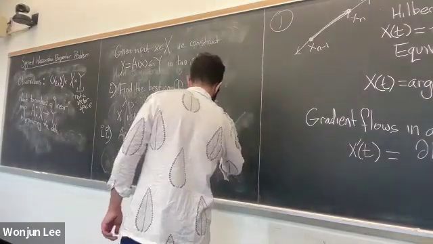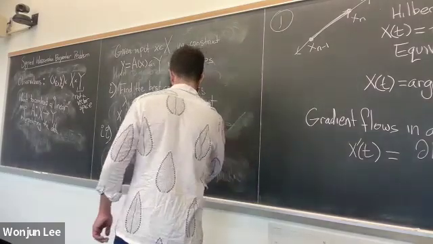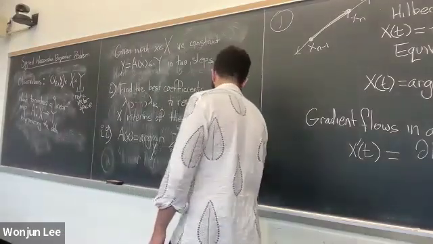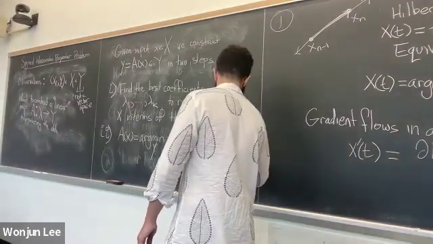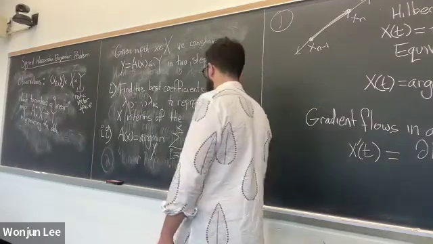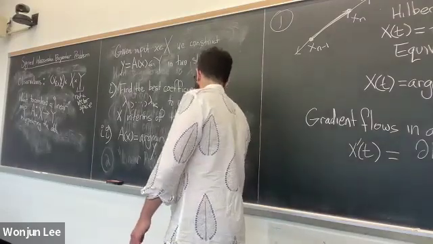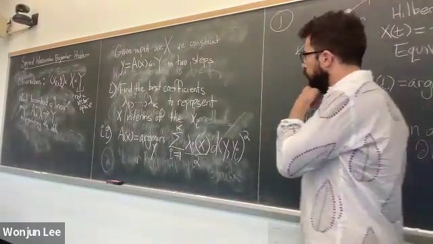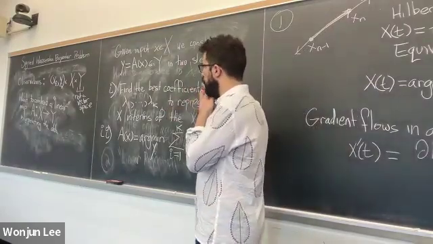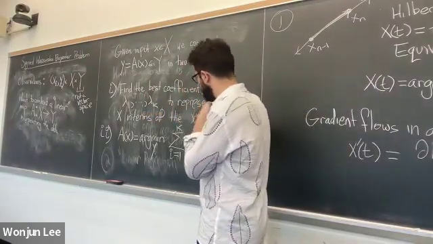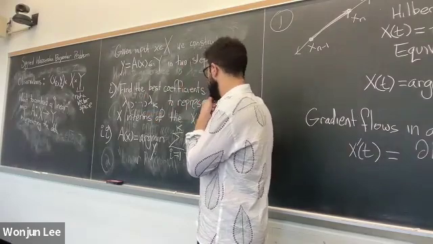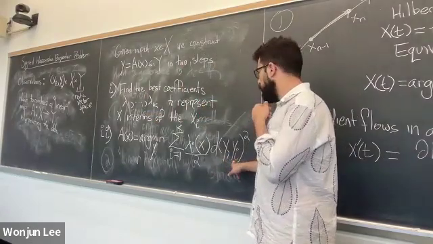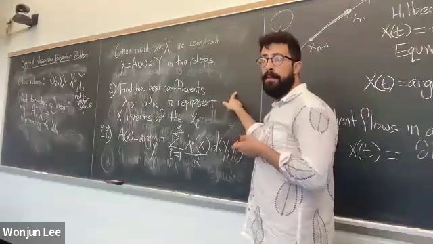Sorry, this should not be the argument over x, it should be the argument over y. I'm minimizing the squared distance. Okay, so once I have these coefficients that represent my x in terms of the xi's, then I'm going to use those coefficients to try to find y's that are close to the yi's in the same way.